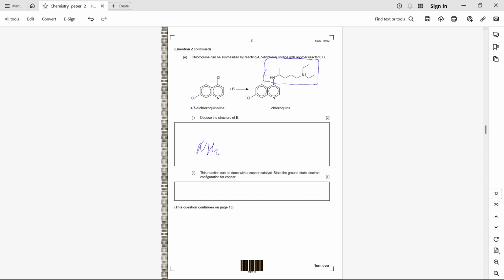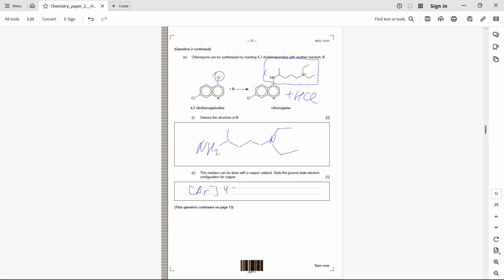And our answer would be basically this molecule right here, nothing special, and one of our hydrogens reacted with one chlorine and gives hydrogen chloride. So that's what happened.